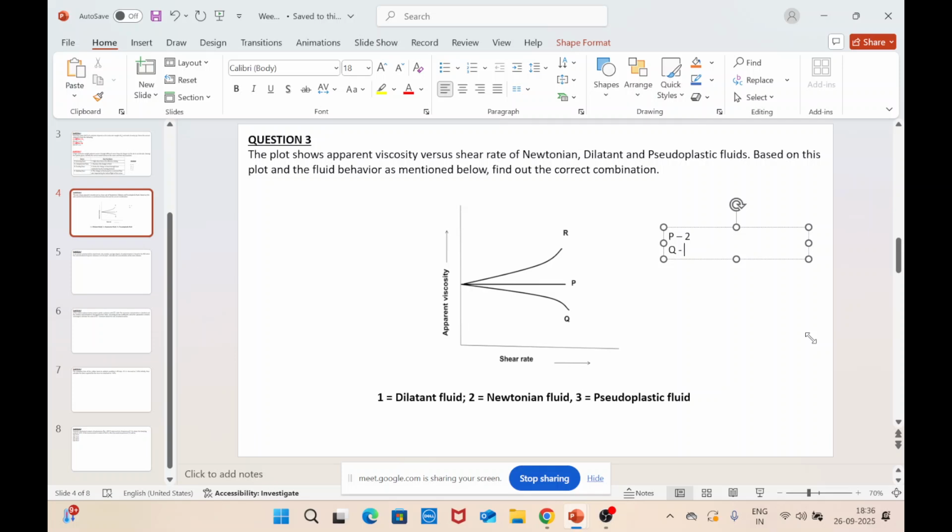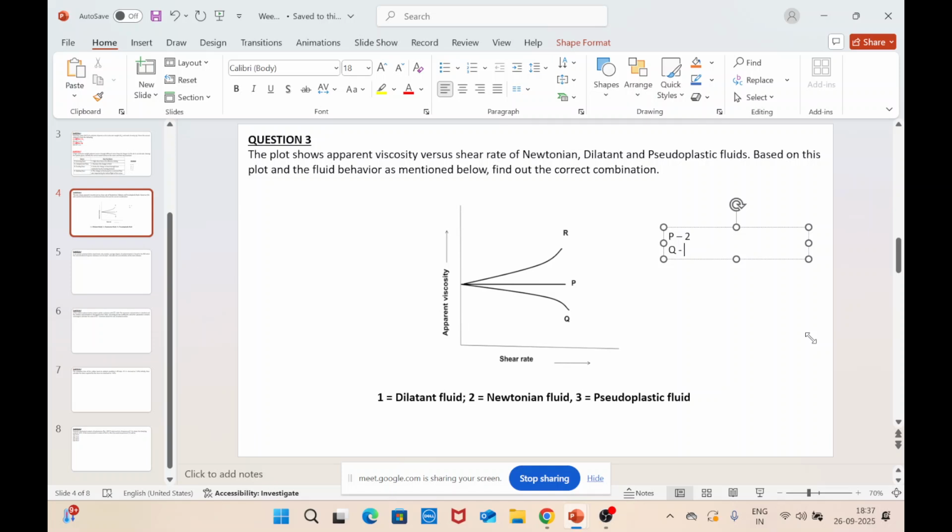Pseudoplastic is the one in which the viscosity is going to decrease with the shear rate, and in the case of the dilatant fluid the apparent viscosity is going to increase with the shear rate. So as per definition, pseudoplastic means viscosity decreases with shear rate. Among R and Q, which one has a decreasing trend with the shear rate?